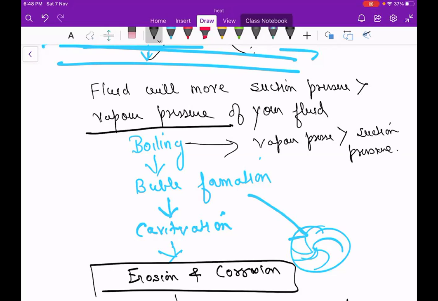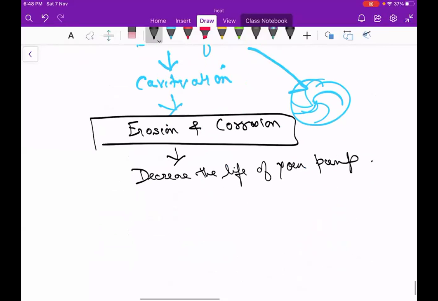Once there is air in your pump, what will happen? After some time the impeller will not be able to move the water, and your pump can't deliver the fluid. This happens in your home also.